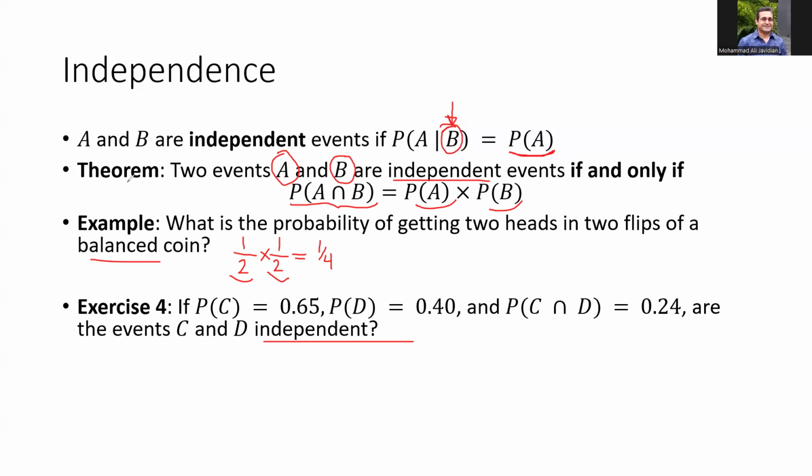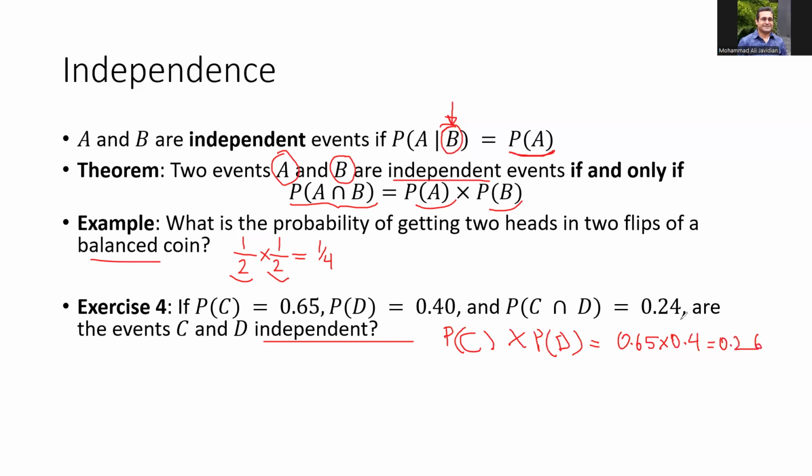Based on the definition of independent events, you can see that P of C times P of D, in this case, equals 0.65 times 0.4, which is 0.26.